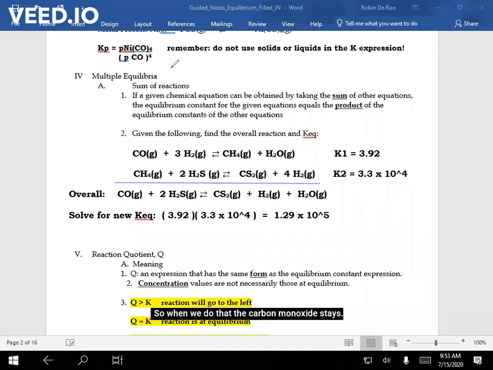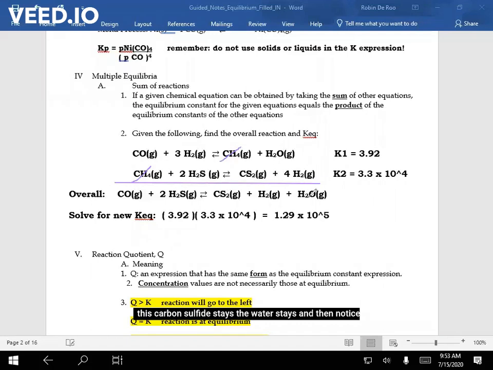So when we do that, the carbon monoxide stays. This methane is going to cancel with that methane. The hydrogen sulfide stays. This carbon sulfide stays.